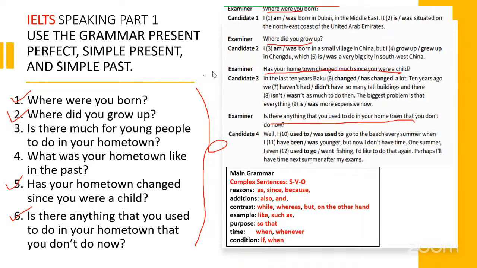I used to go fishing every summer when I was younger, but now I don't go fishing often because I don't have time to do that.